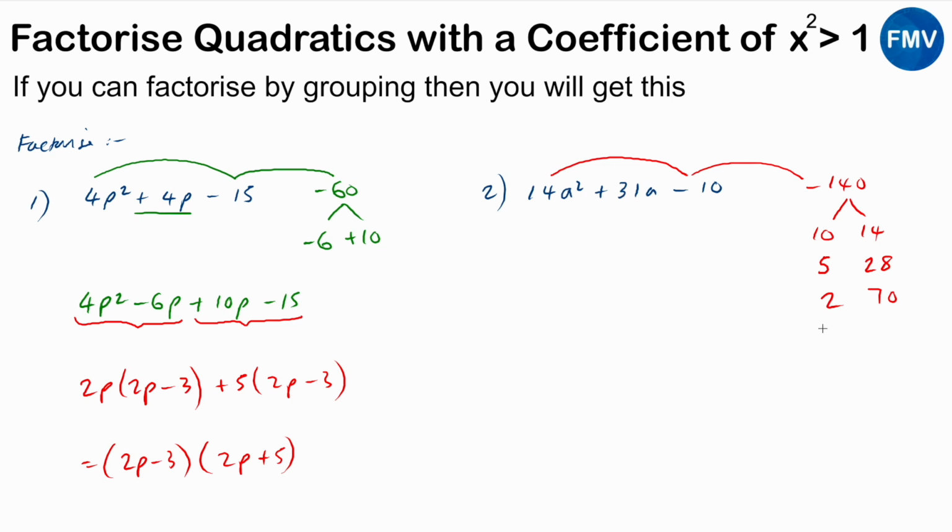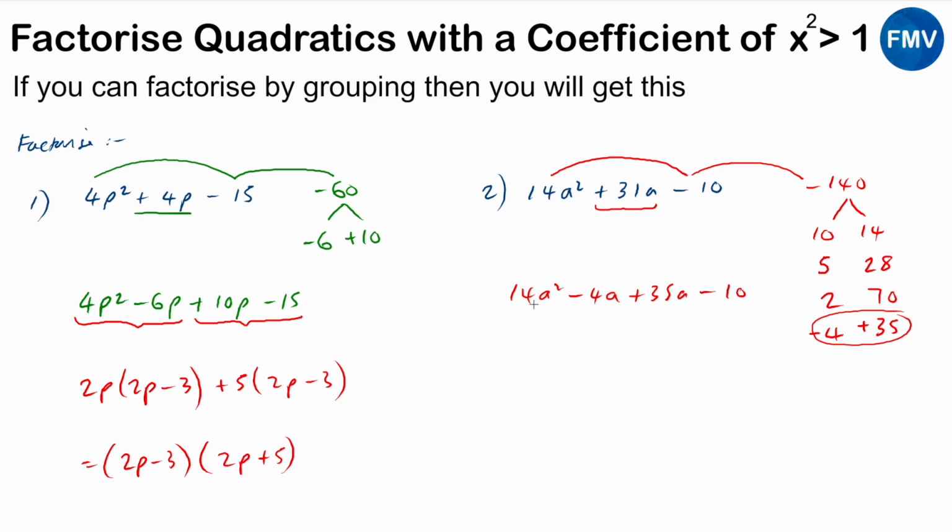A little bit further away now. So I will do 4 and 35. 4 and 35, that gives me a difference of 31. I want a positive 31, so that becomes a positive 35 and a negative 4. So I'm using those two to replace that. So we have got 14a squared minus 4a plus 35a minus 10.